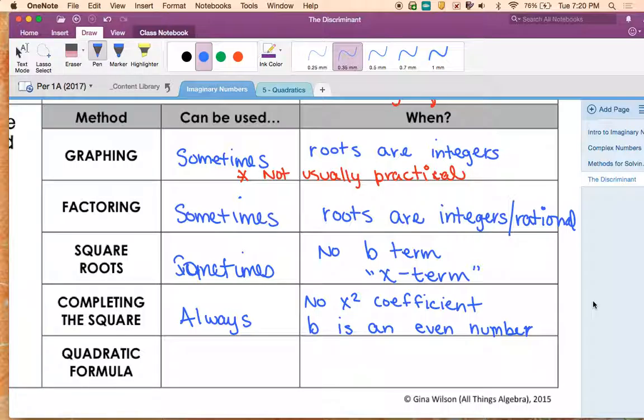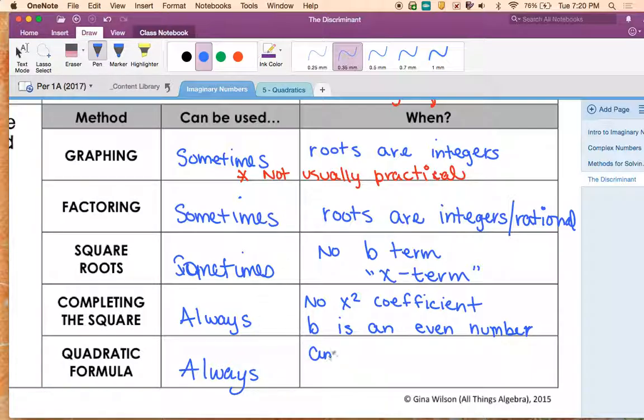Okay? Last one, quadratic formula. Can I use that on all quadratics all the time? Yep. So always. When is it the best time to use it? When is it the most efficient?